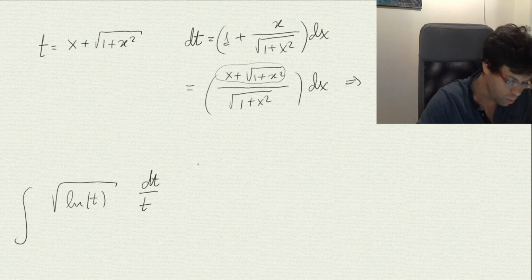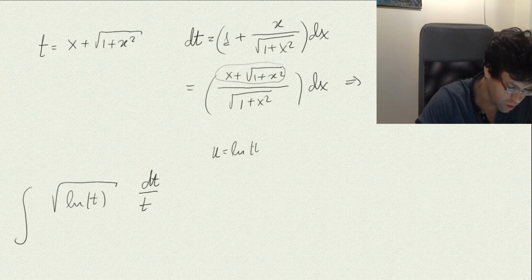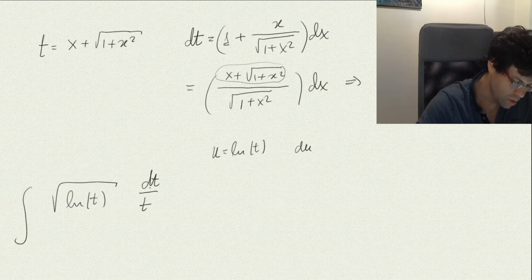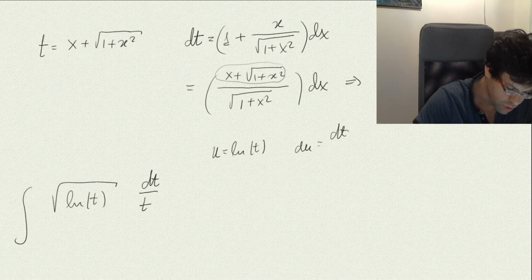And now note that the derivative of the natural logarithm of t is 1 over t, right? So if we were to make another substitution, say we will substitute u to be the natural logarithm of t, then du is actually dt over t, right? So this becomes the integral of the square root of u du, right?